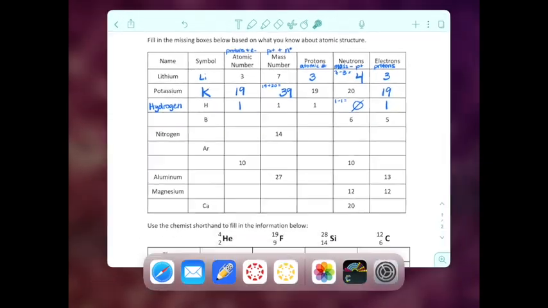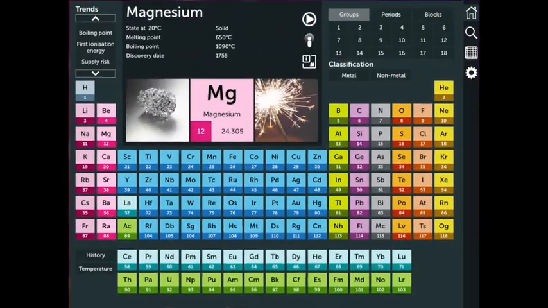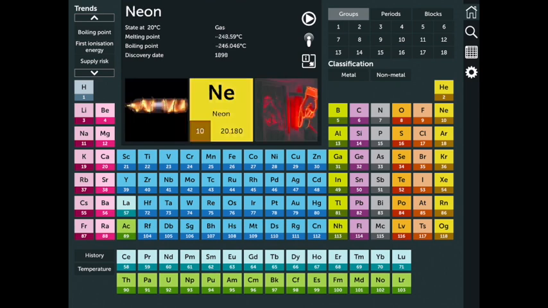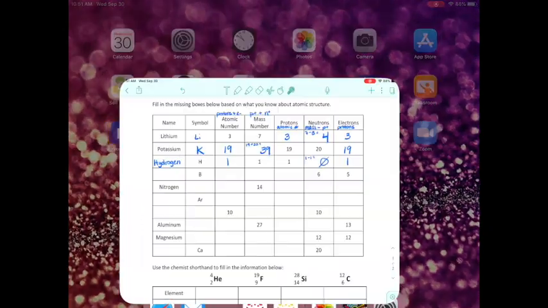Okay. So we're going to go to the periodic table, and it was number 10. So you want to find 10, and that's going to be over here. That's going to be neon. Neon has the atomic number 10. So neon is our element.